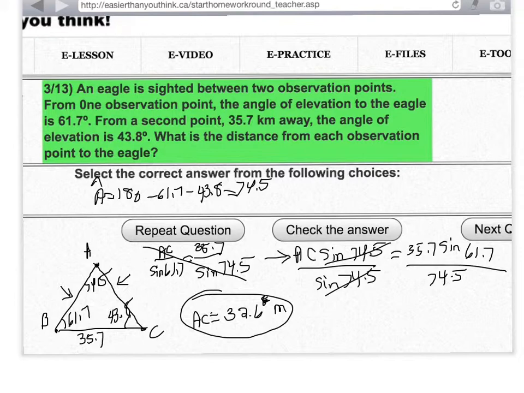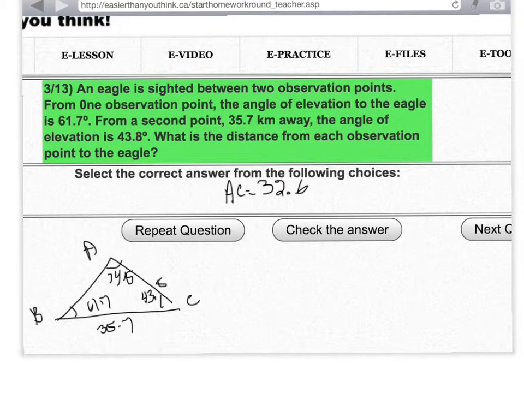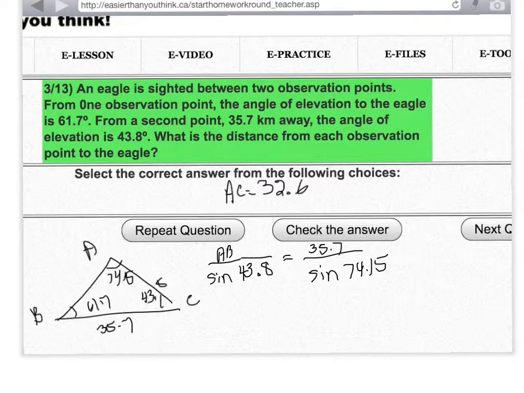Now we are going to try to find side AB. Again, I'm going to use sine law. AB divided by sine 43.8 is equal to 35.7 divided by sine of 74.5. Now again I use cross multiplication.